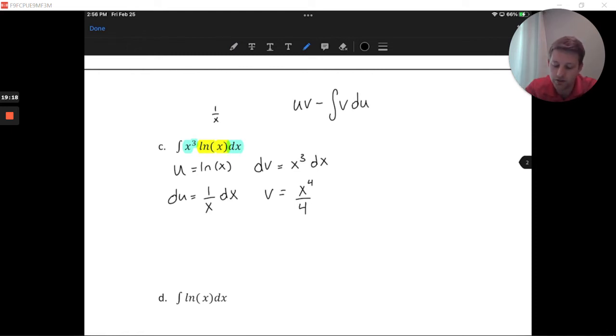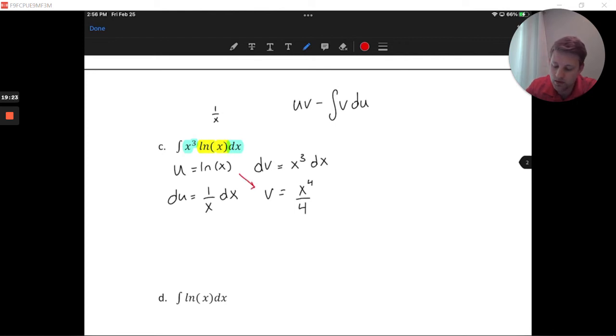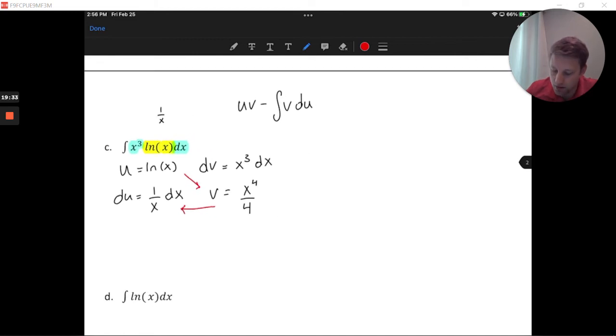So again, you can use your arrows to work this out. So we got the uv product minus the integral of v du. So let's go ahead and take those. I'm going to work this on the side. My uv product would be x to the fourth over 4 times the natural log of x.